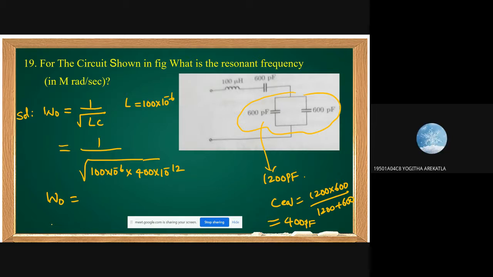Five, sir. Yes, it is equal to 5 mega radians per second. That is the answer.